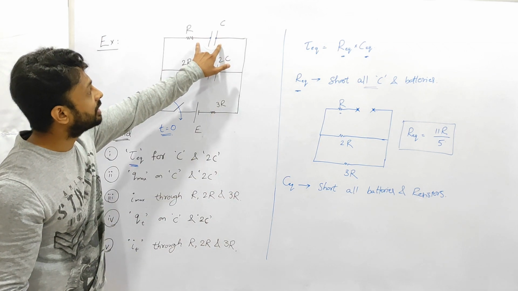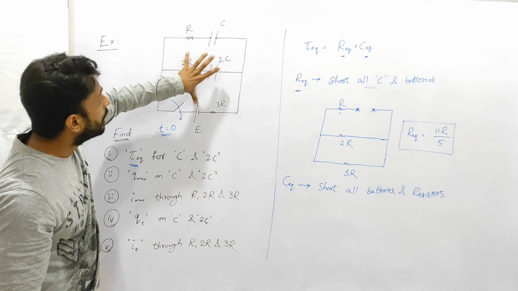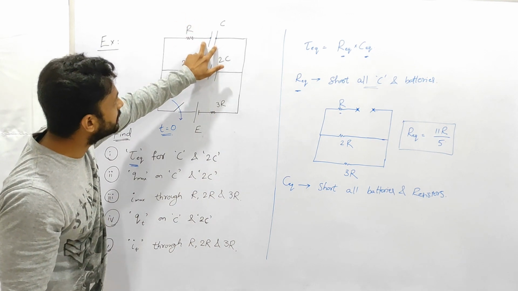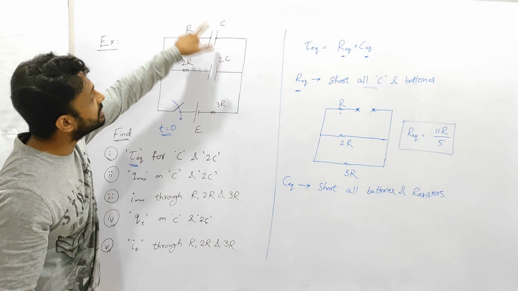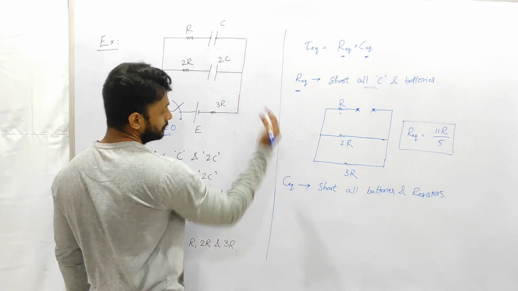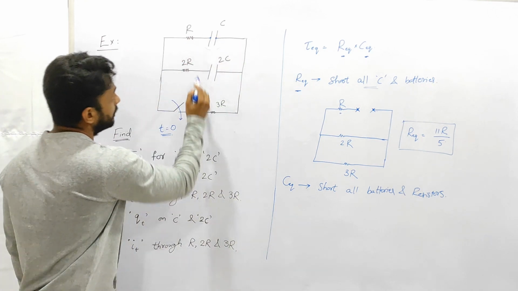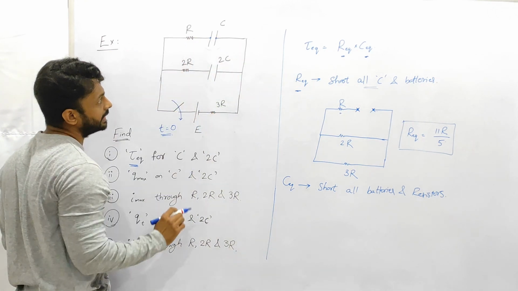After finding the C effective, assume the required capacitor is in series with that C effective. So across these two terminals, first of all I short all batteries and resistors.